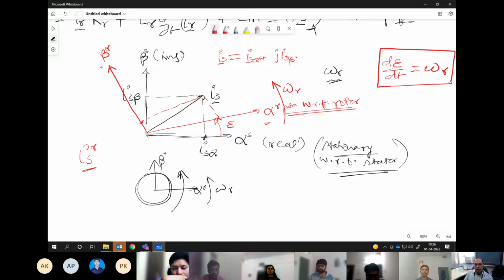To clarify, you can add a small s over here. Now when the vector is referred to the rotor reference frame r, the projections will be this. This is the projection on the alpha r axis, so let me call this Is alpha r. These are the components of this vector, now Is beta r, where Is beta r is this.